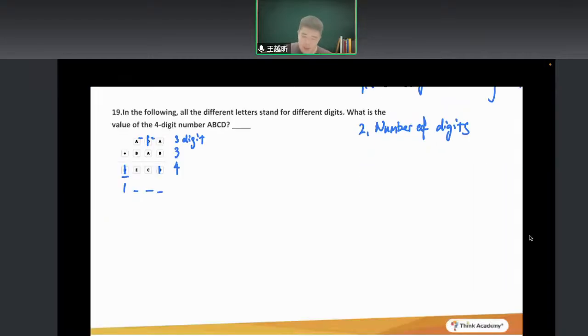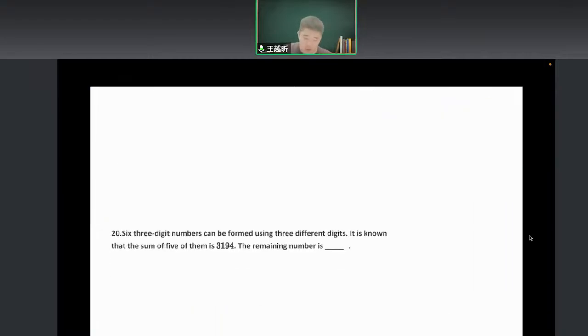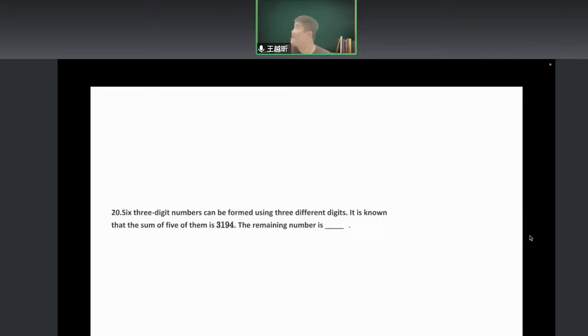Okay, so I go to question 20. Question 20 tells you about the place value principle. Say for example, a 4-digit number ABCD.